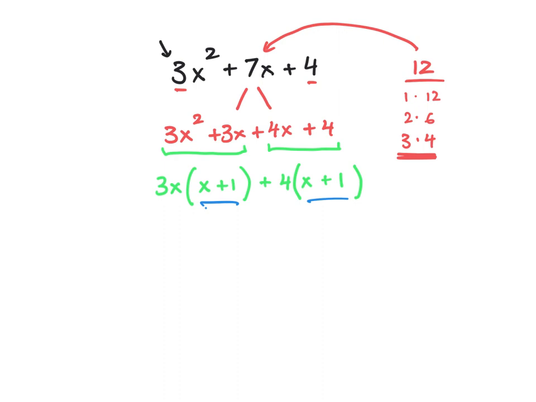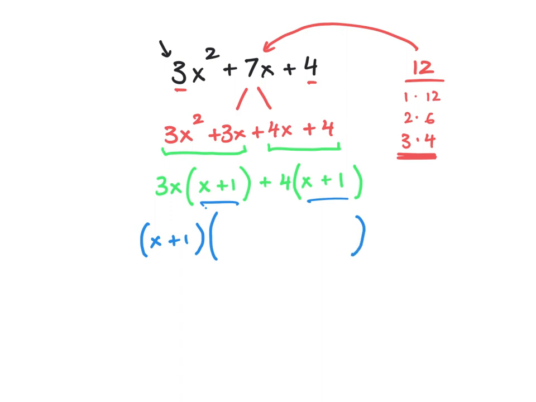It's kind of like we're doing meta factoring here, right? We factored and factored. Now we are going to remove the x plus 1 from those two terms that we had.